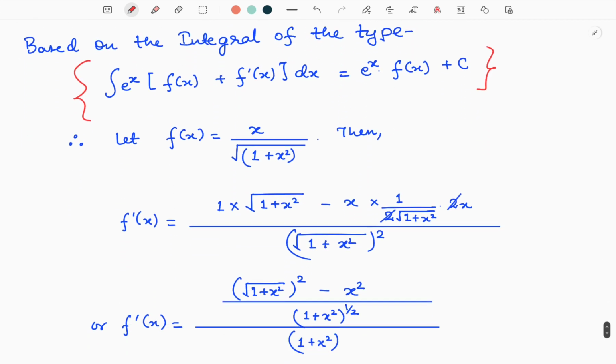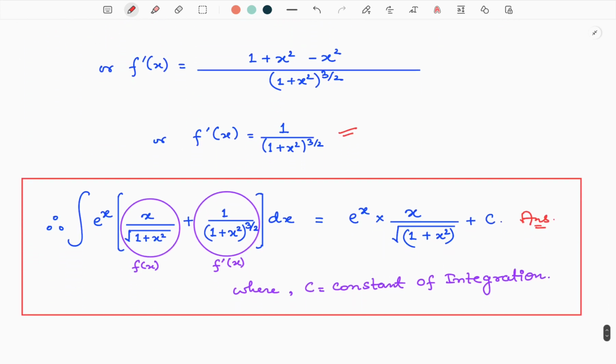So you can easily see it is of the form e to the power x [f(x) plus f dash x], and its integral will be e to the power x f(x), that is e to the power x into x upon under root 1 plus x square plus c, which is the right answer, where c is the constant of integration. This completes section C of the mathematics question paper.